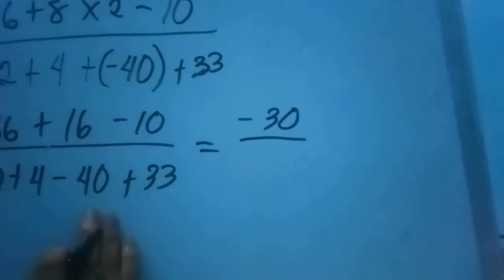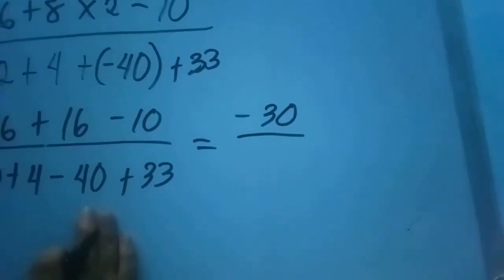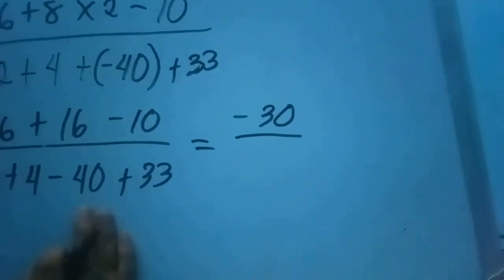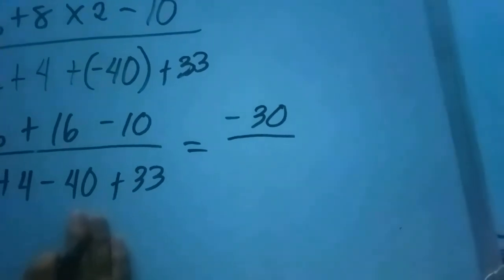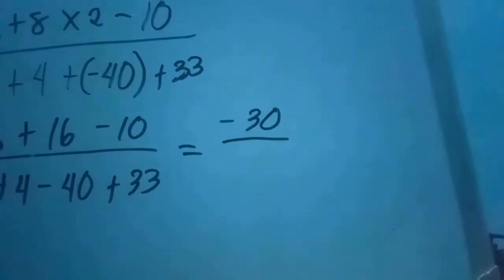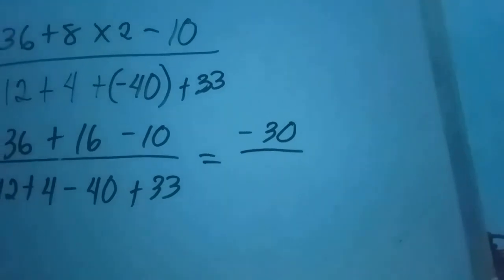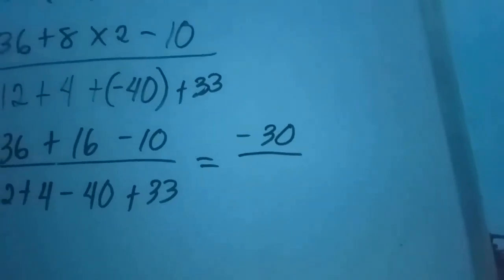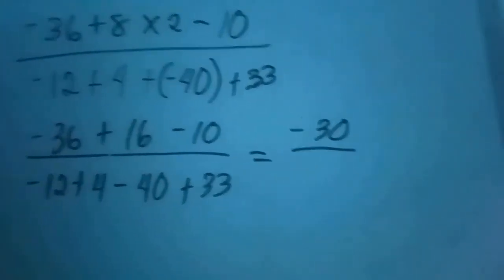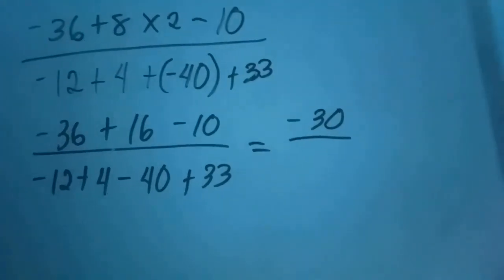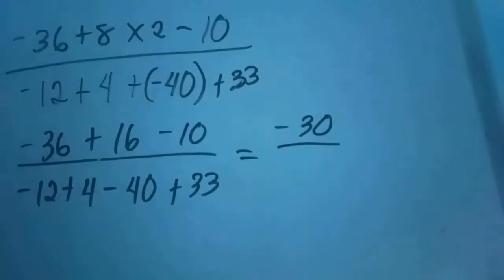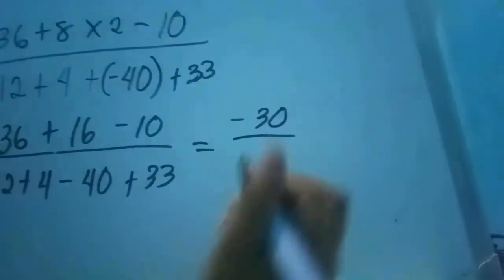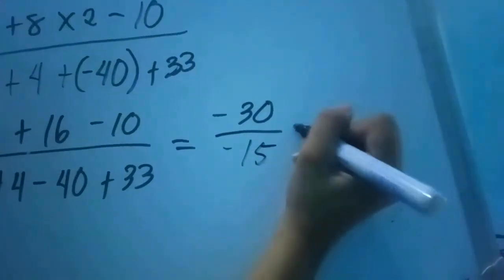Minus 40, and like signs, so let's add. Negative 8 plus negative 40 is negative 48 plus 33, so we have unlike signs, so negative 48 plus 33 is equal to negative 15.